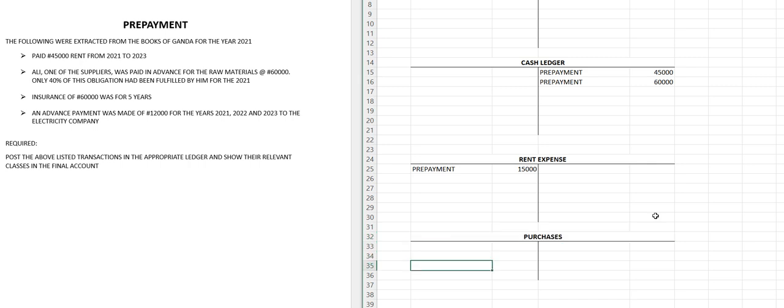Now let's do a rough calculation, taking advantage of Excel. Let's say equals 60,000 multiplied by 0.4, because that's 24,000. It is actually 24,000 worth of goods that was supplied for the year 2021, and that is the only one you're going to recognize.